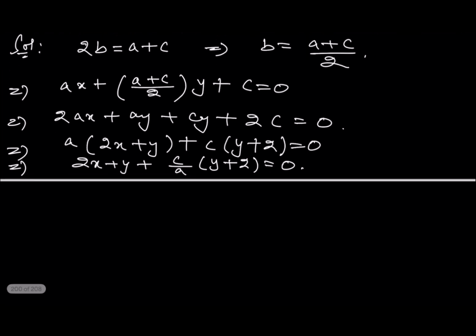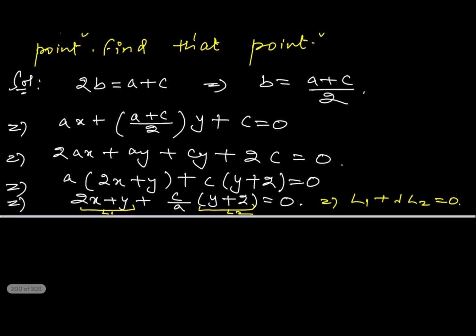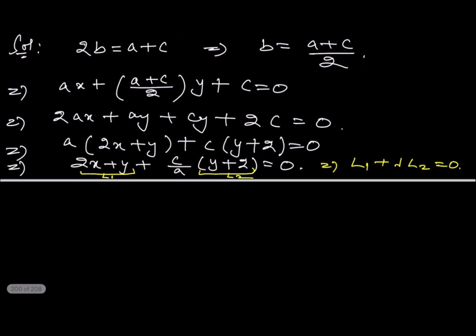What does it mean? It means L1 and L2, and it represents L1 + lambda L2 = 0. So the line is passing through the intersection of 2x + y = 0 and y + 2 = 0.